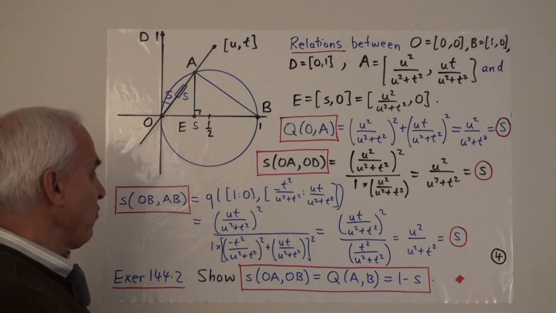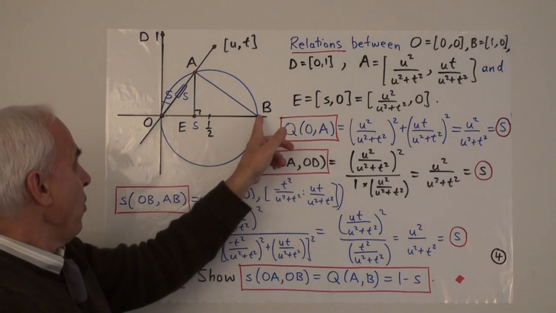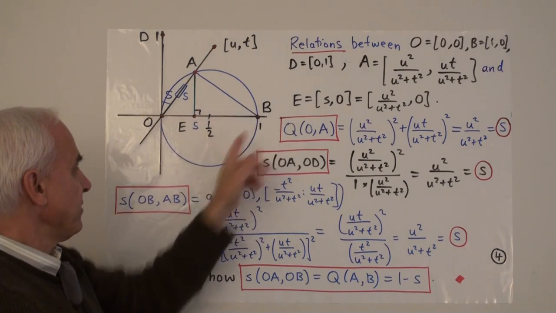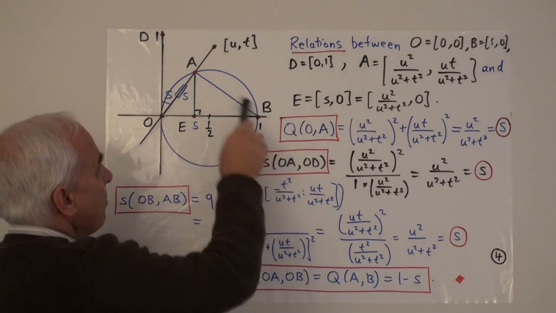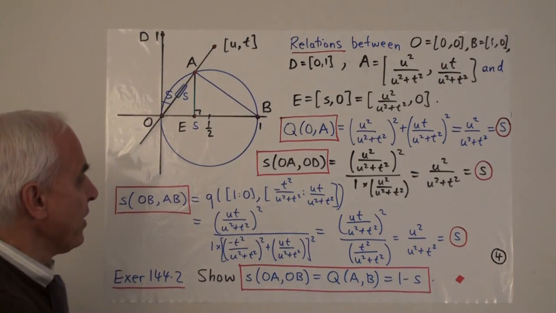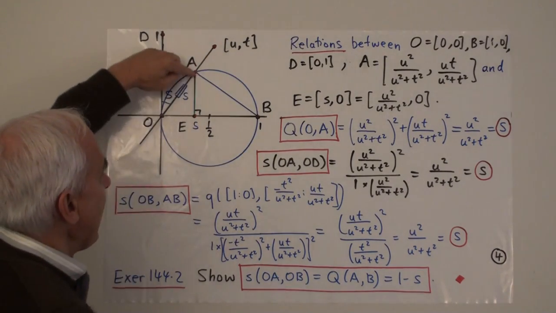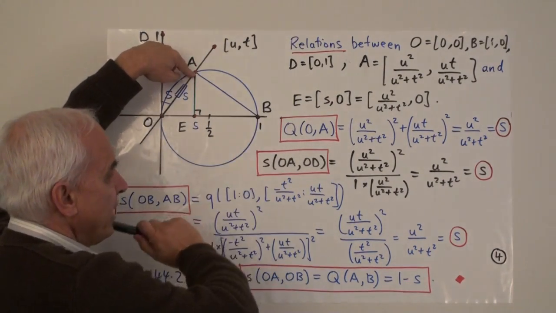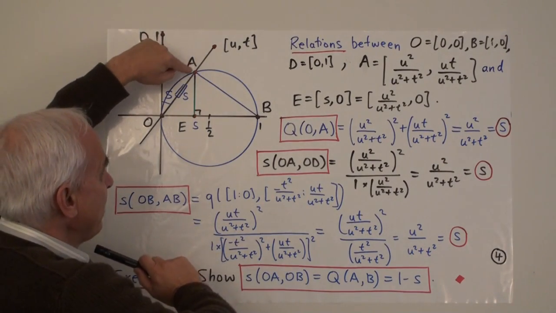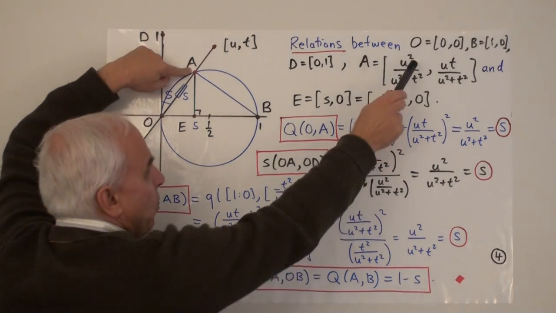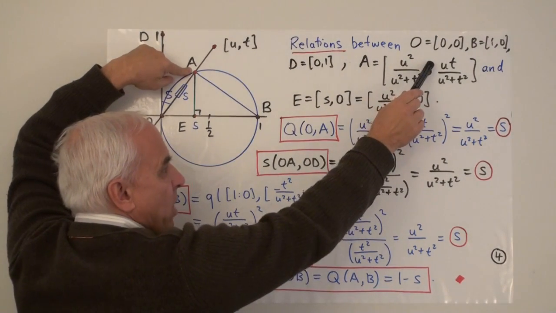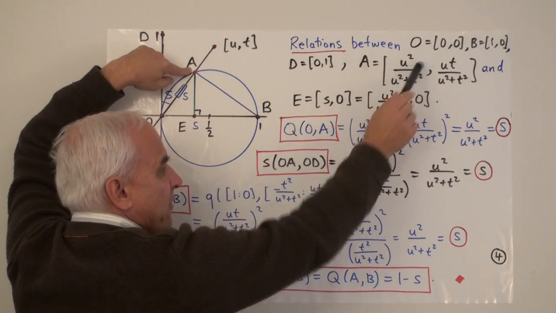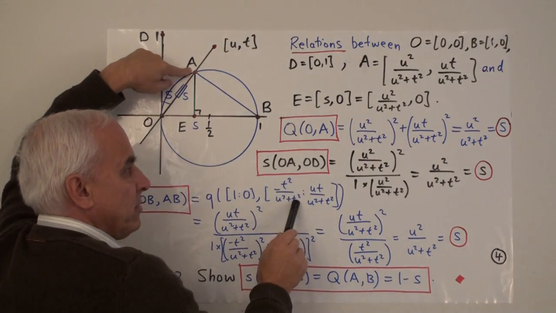All right, so that's a projective quadrance or spread between 1, 0, direction vector for that one, and okay, between here and here we have to take the difference between A and 1, 0. Okay, let's have a look at what that is. So if we take this thing and we subtract 1, then if you imagine taking this and subtracting 1, the u squareds will cancel and we'll have a minus t squared up on top.